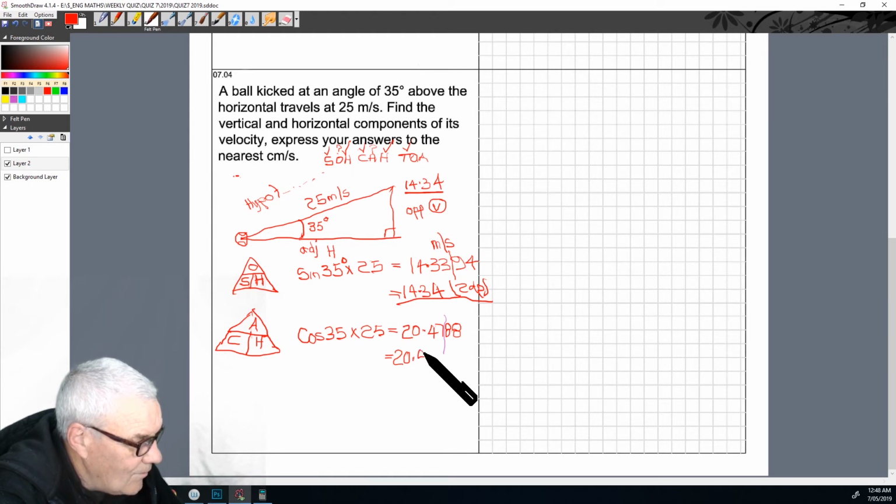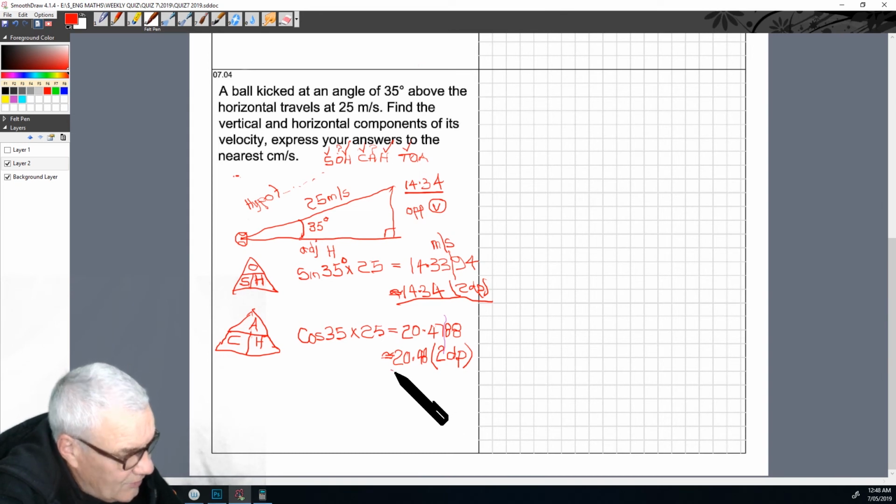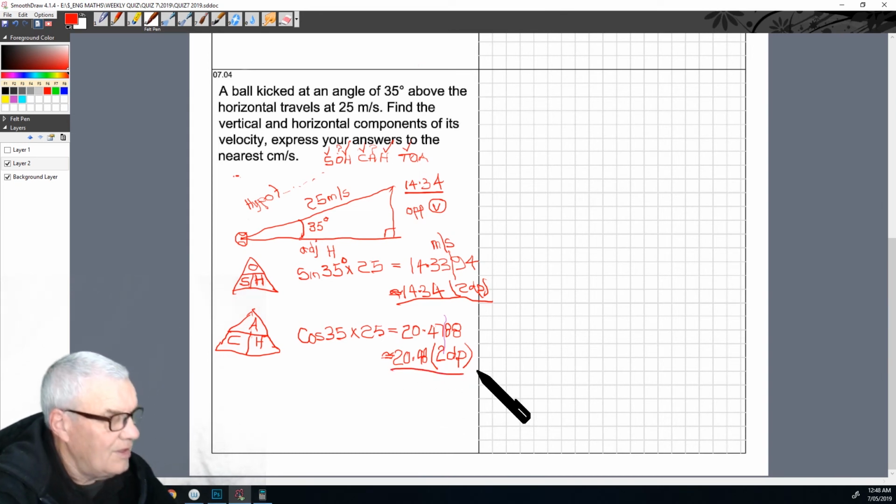So that equals 20.48, or approximately equal should be, to show that you've rounded it. 20.48 2 dp. Okay, and underline that.